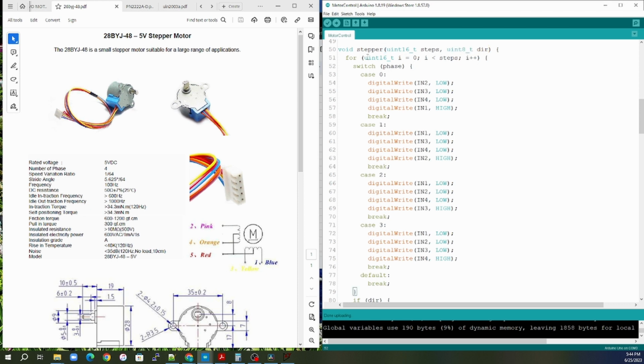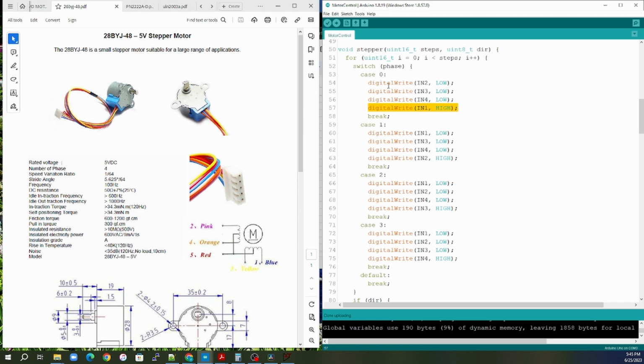Basically all I'm doing is, for however many steps I want to go, I check the phase. I call it phase because these are the phases of the motor: phase 1, 2, 3, and 4. There's only 4 phases that I can choose from, 4 parts of the motor. Depending on which phase I'm on, I turn off the ones that are not that phase and turn on the one that is.